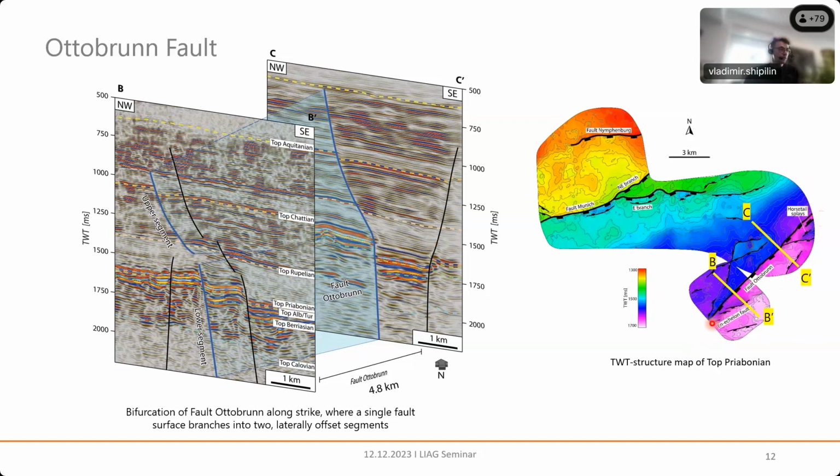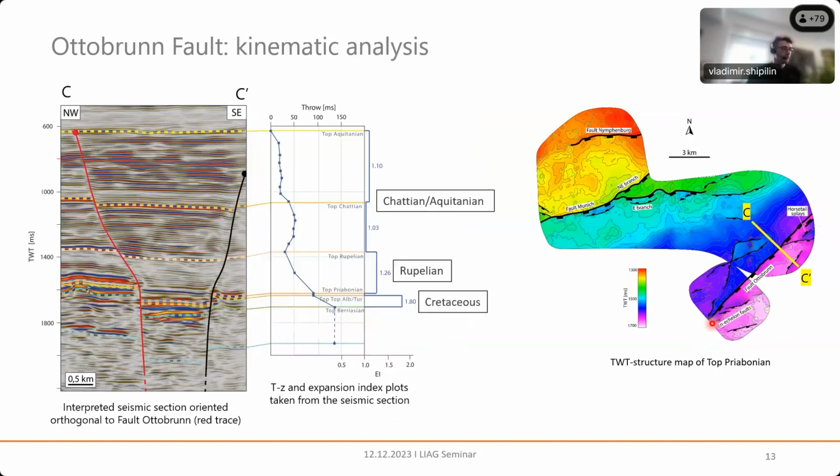So to me, that was a quite interesting structure to observe. In order to understand how it evolved geometrically and temporally, I looked at the throw distribution and stratal thicknesses, how they vary across it.